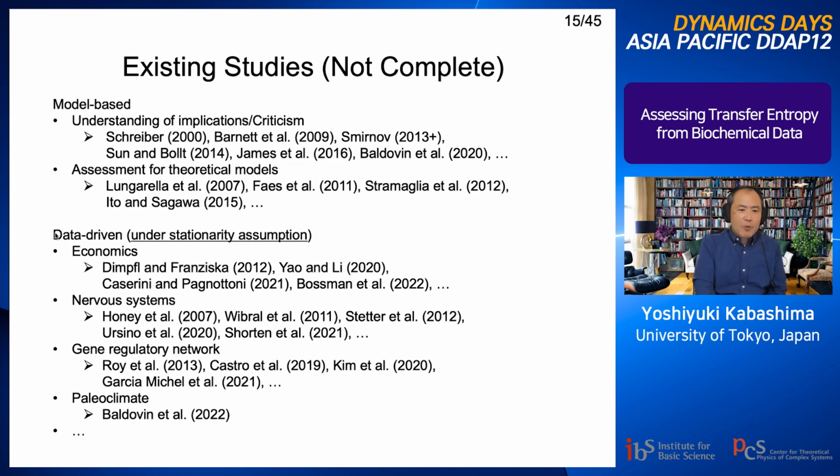On the other hand, there are a lot of data-driven approaches, in economics, nervous systems, gene regulatory networks, and also climate studies such as paleoclimate. But most of the data-driven approaches are under the stationary assumption.